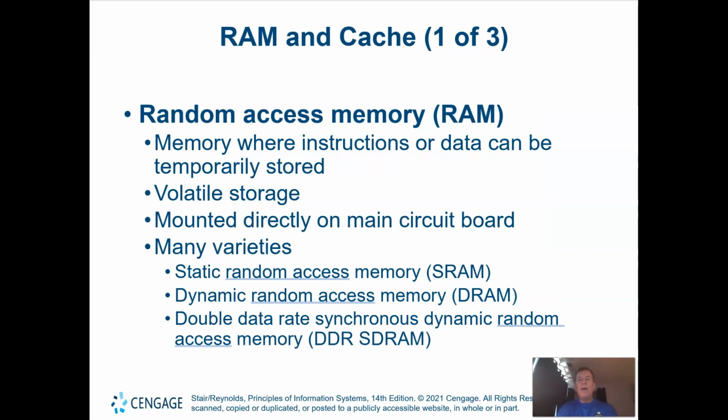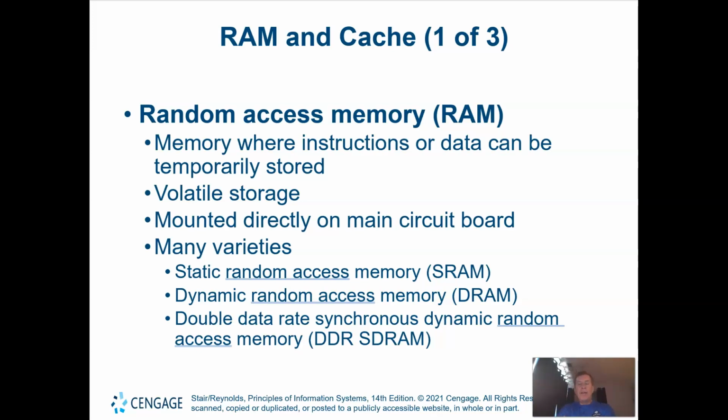I mentioned lots of forms of memory. RAM is one of them, random access memory. And instructions or data are placed here temporarily, and they're read very quickly from this random access memory. So it's a form of memory with instructions or data that is temporarily stored. If I turn off my computer, everything in RAM is gone. It's wiped out. It was not saved to my hard drive.